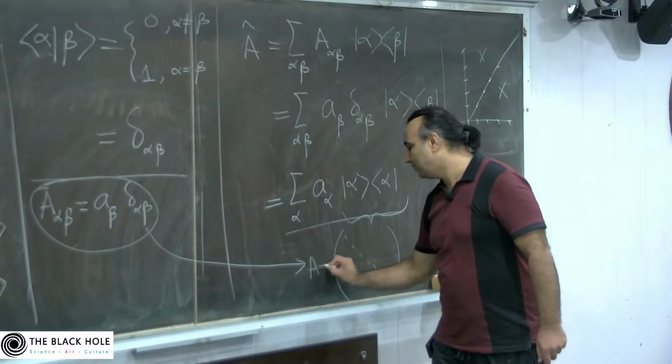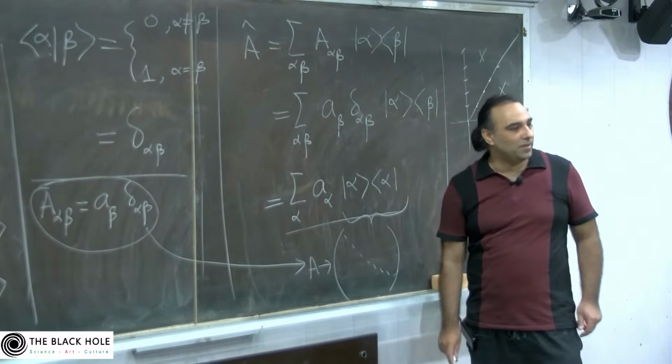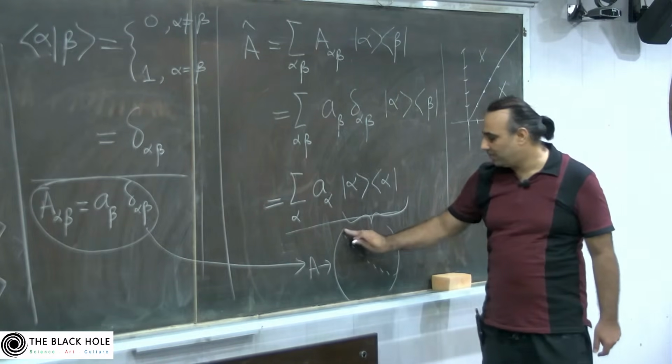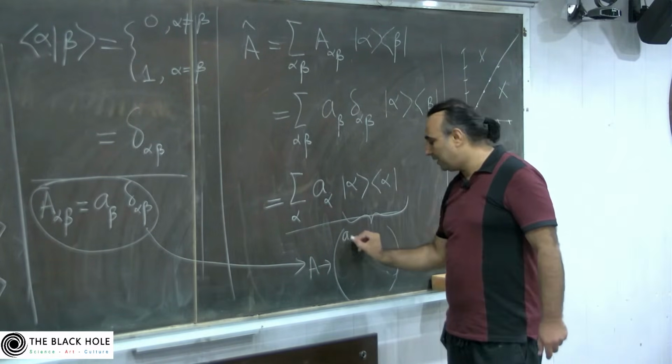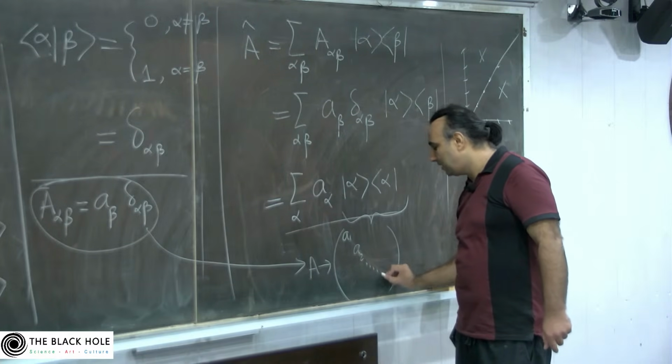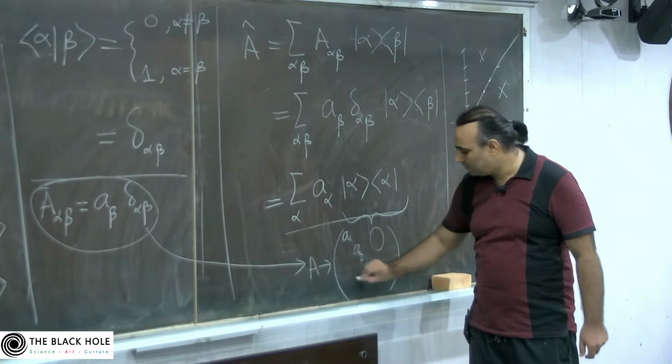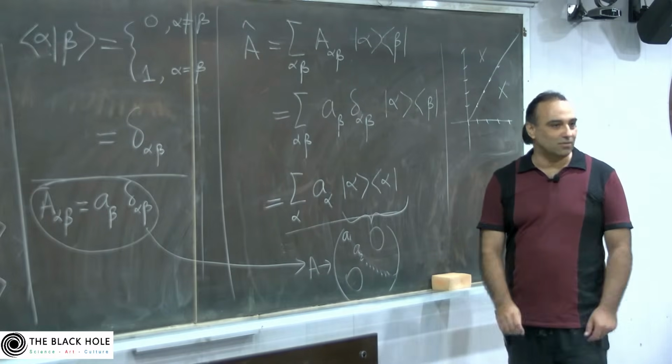So the representation of the A operator in its eigenbases will be diagonal, and it will be like A1, A2 and so on. Everything else is 0.